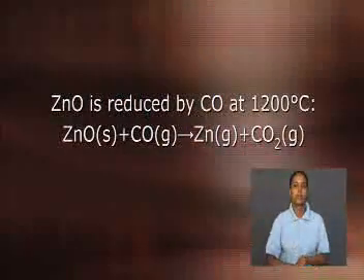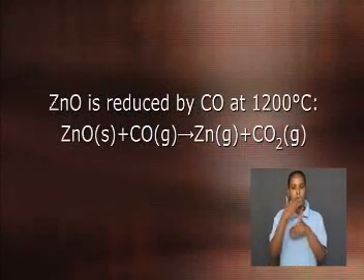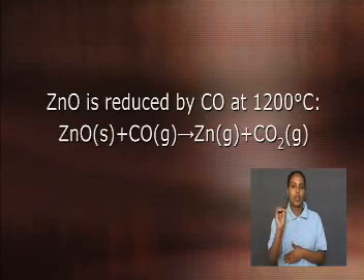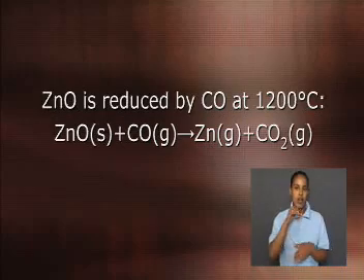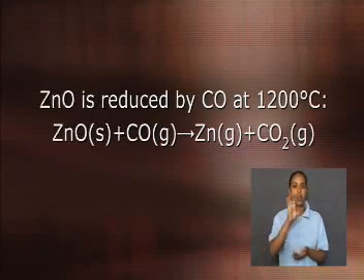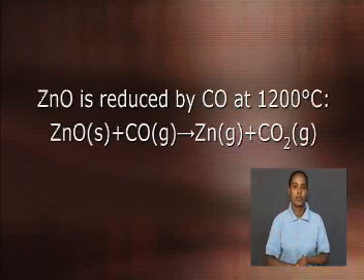Zinc is extracted from the zinc oxide. This can be done using two different processes. In the first process, zinc oxide is reduced by carbon monoxide at 1,200 degrees Celsius. In the second process, zinc blende is heated in air at a low temperature.